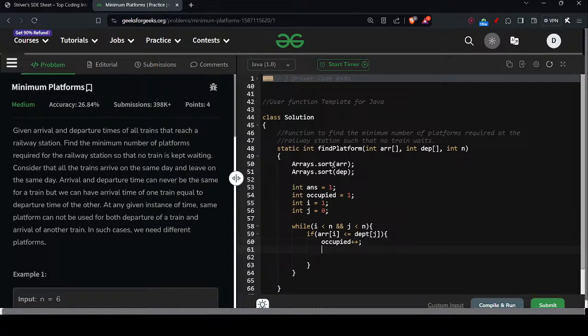The next thing we will do is increment. This is occupied, so now we will increment I.